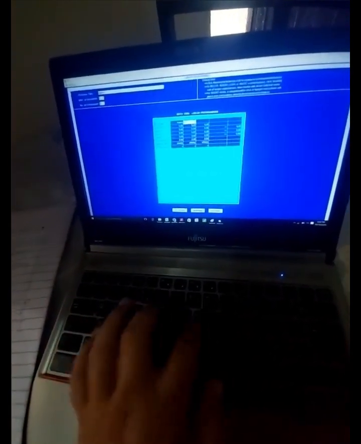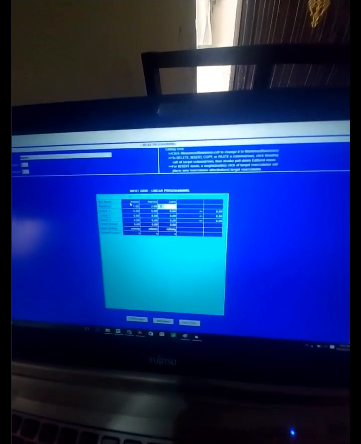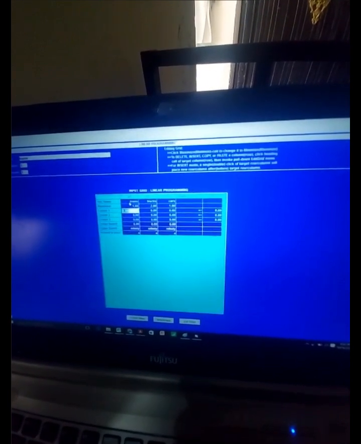The second one is trucks, and the third one is cars. Now it is a maximization function, so I don't have to change it. It is already maximization. So here I will put 3, 2, and 5.